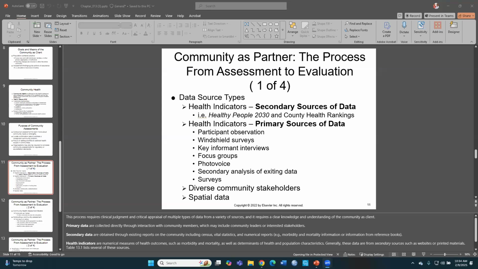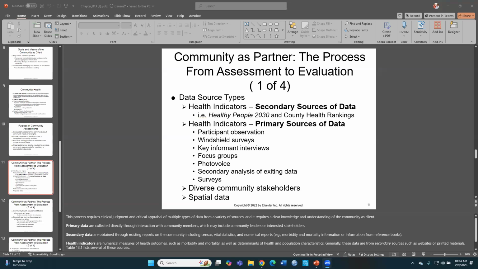And there's a variety of ways that we can get some of that primary source of data. It could be through telephone interviews or going out and meeting people and doing interviews. We can do surveys, town halls, focus groups, or what's called a windshield survey.